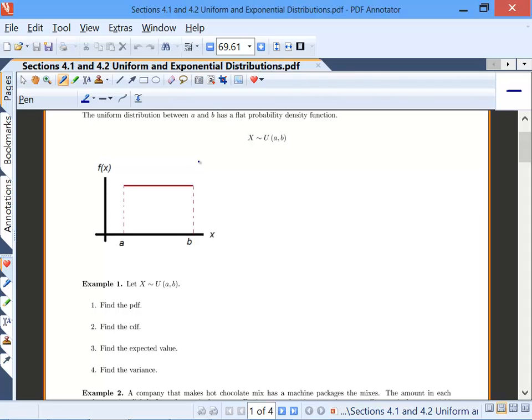So how do you find the area of a rectangle? Can you tell me the width of this rectangle? We know the area has to be 1. What is the width going to be?